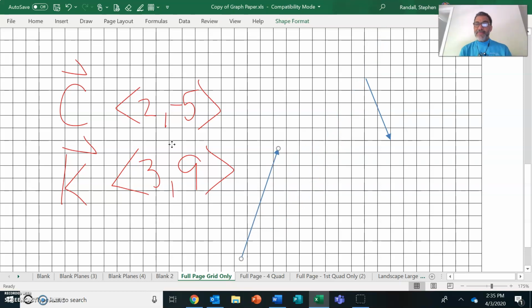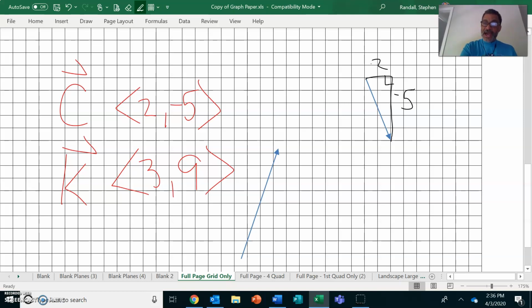How do we determine the magnitude of those vectors? Well, the best thing about it is these vectors now are in the coordinate plane, and because they're in the coordinate plane, we can find the distance between 2 points. Or we can do the Pythagorean theorem. So how far did this go over? 2, and it went down 5. That makes it a right triangle.